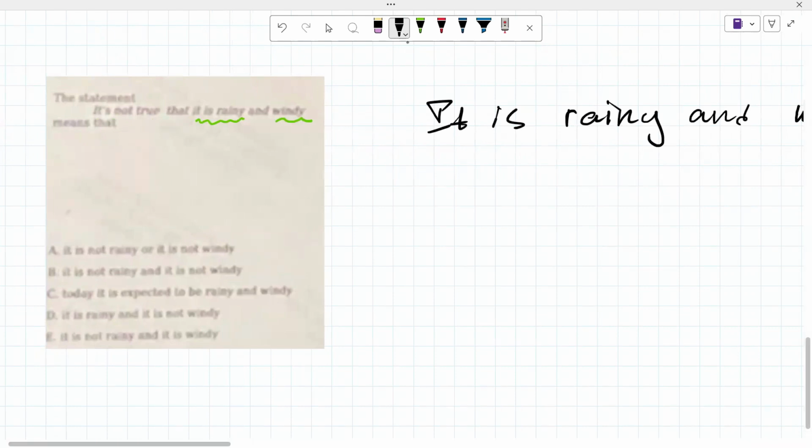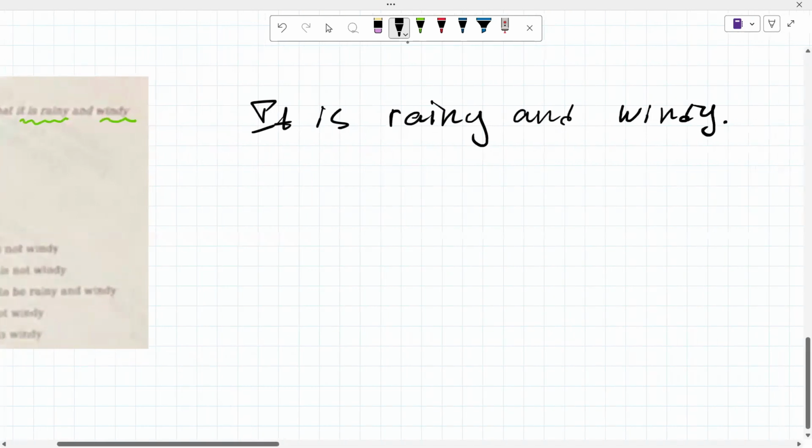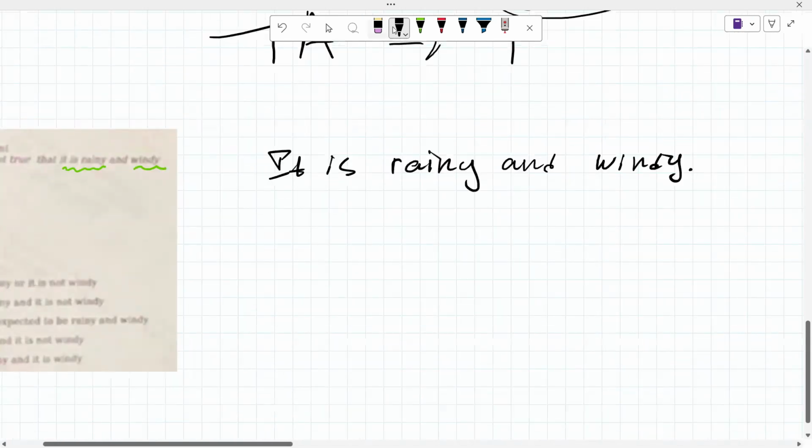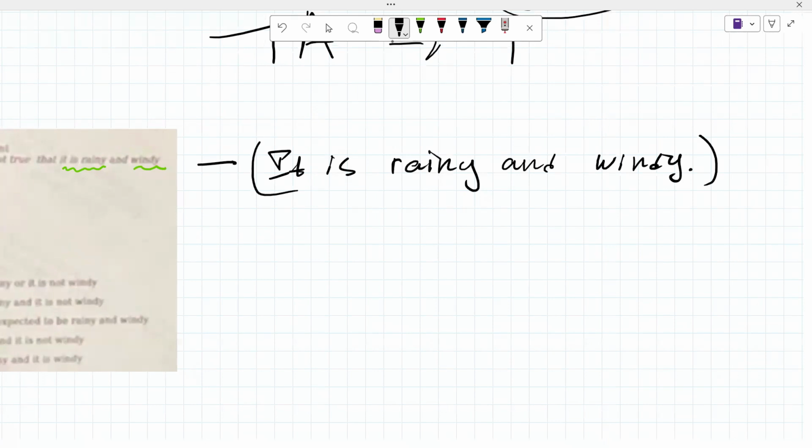Anytime you have it is not true or this statement is false, something like this, they are asking us to negate the statement. We have to contribute negation. All right. In this case, how do we do it?